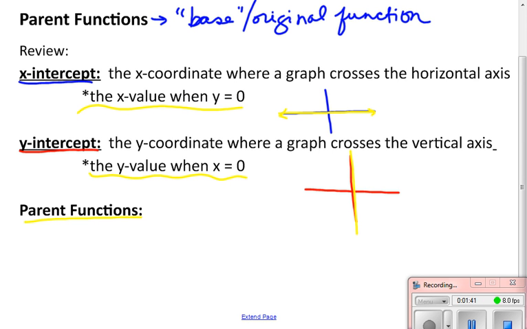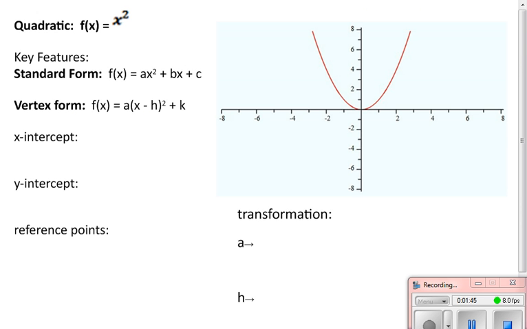Now, I've already talked about what parent functions are as our base or original functions. Now, the quadratic. This is our parent. Our basic f of x, remember f of x is a fancy way for saying y, equals x squared. This makes our open up parabola that we are all very familiar with.